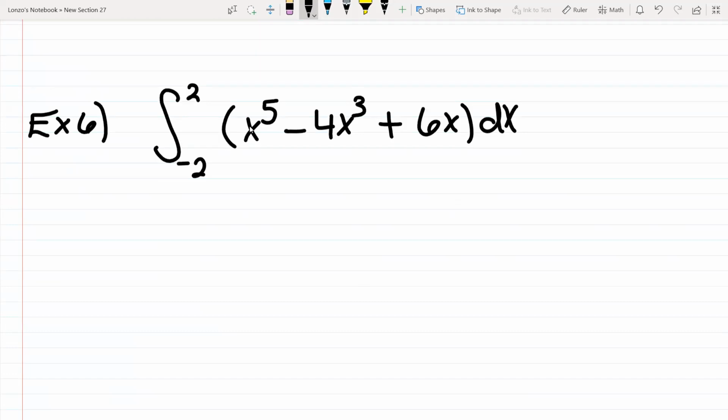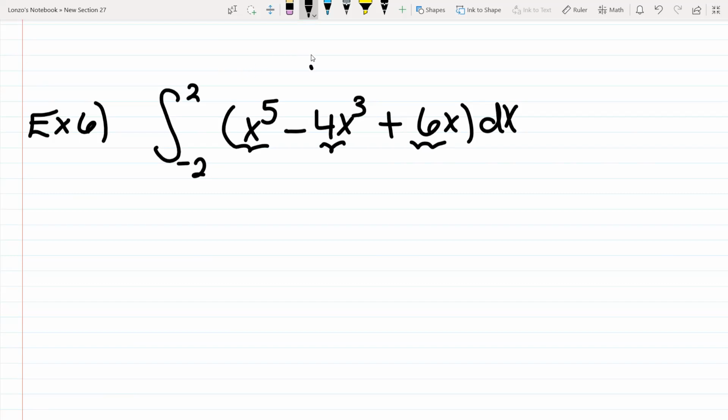We have a boundary from -2 to 2, so we definitely have a definite integral, and it's x^5 minus 4x cubed plus 6x dx. So this one you could do the long way. You could take the integral of each term, I would not do u-substitution, and then do the fundamental theorem.